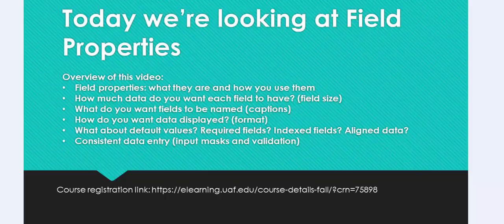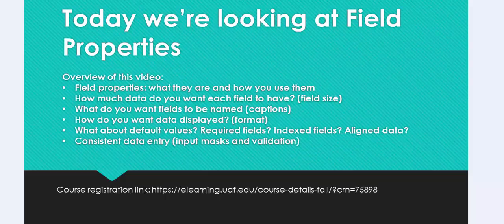This is an important chapter. Once we understand what field properties are, we'll dive in and answer all of the following. How much data do you want each field to contain? What do you want fields to be named? How do you want a field's data to be displayed?